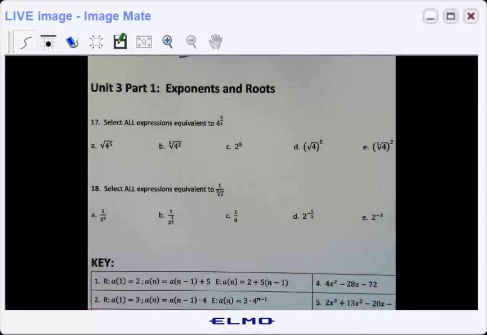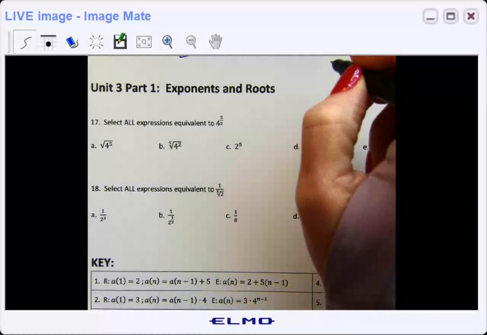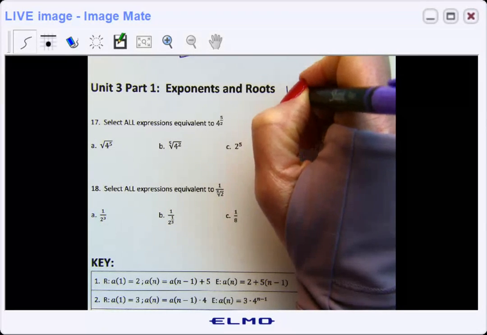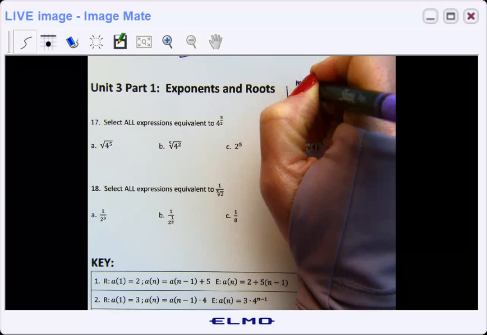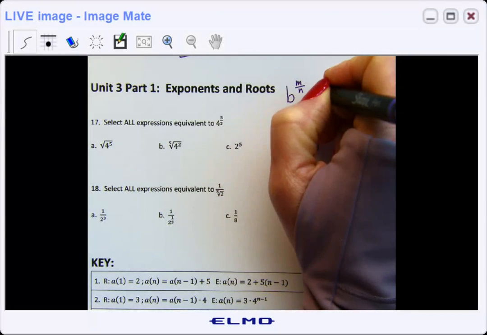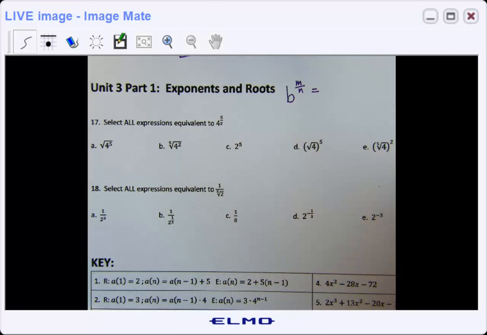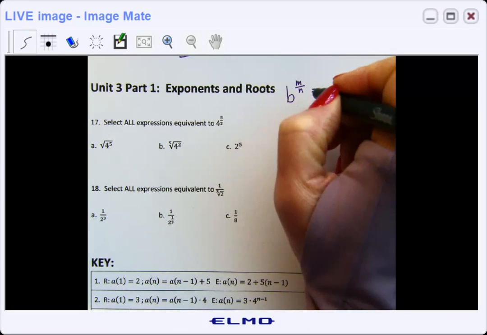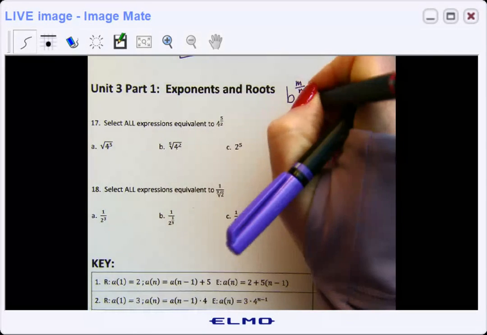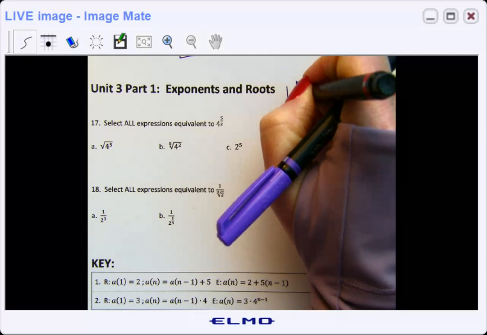So I know in this situation, there's this relationship between a base that has a positive fraction exponent and the way that you write it in root form using a radical. So this number at the bottom is the type of root, or the index.